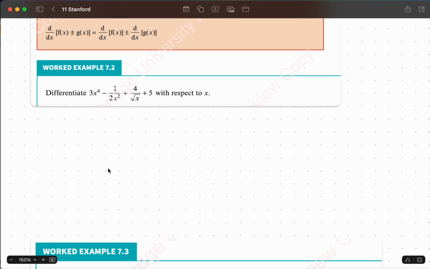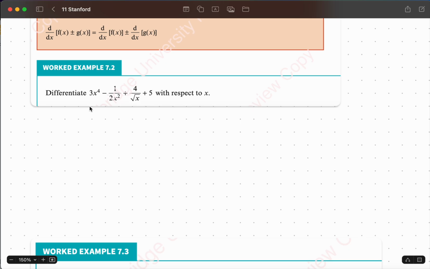7.2, differentiate 3x to the power of 4 minus and so on, with respect to x. We have 3 here, and this 3 is actually like k.